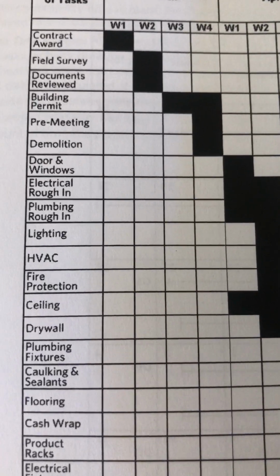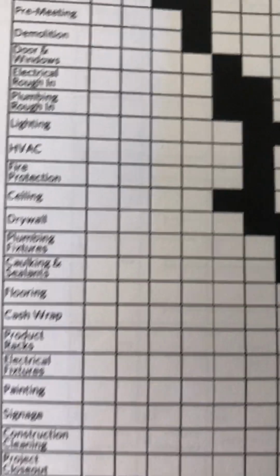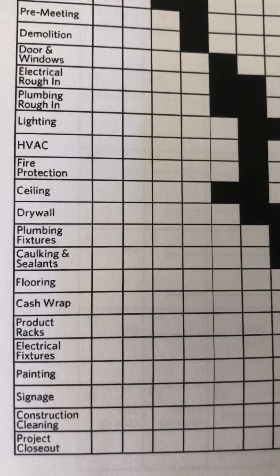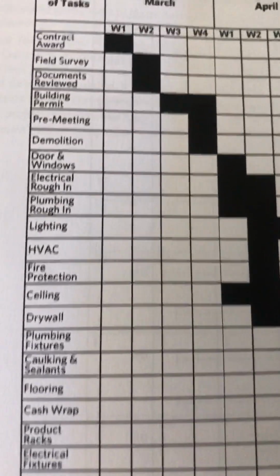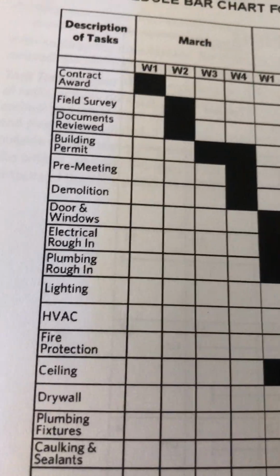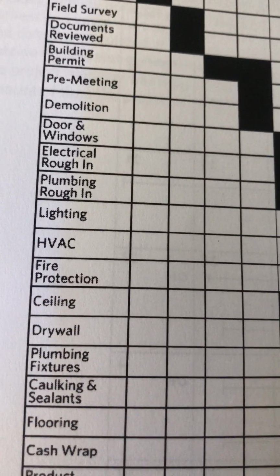You can't have people working on top of each other. You can't drywall before the framing. If the framing just isn't adding up in one spot or another, they can't drywall that room, so the drywall has to wait for the framers to get done, at least with their room.